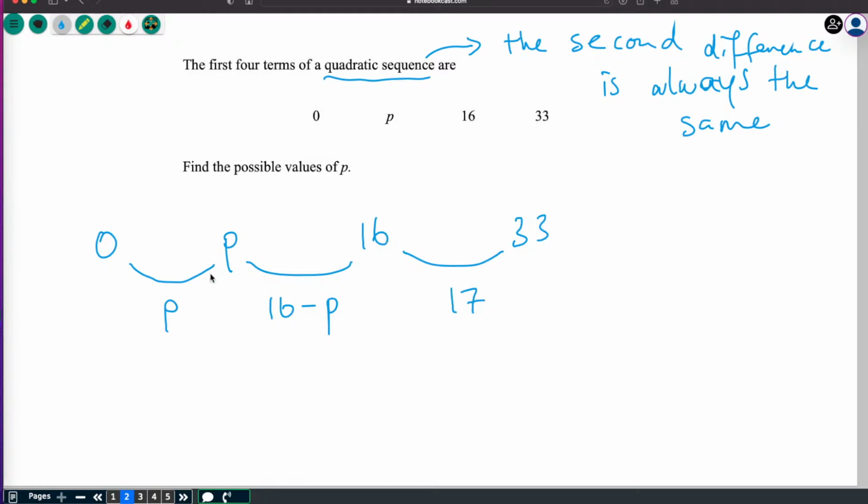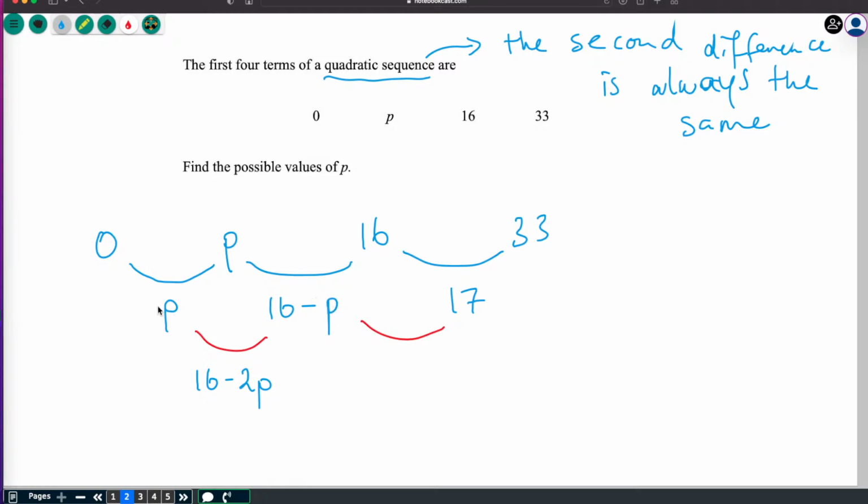And now let's try to find the second difference. And maybe you can start to see where we could go with this. Okay, second difference. 16 take p, take p. 16 take 2p. Right?